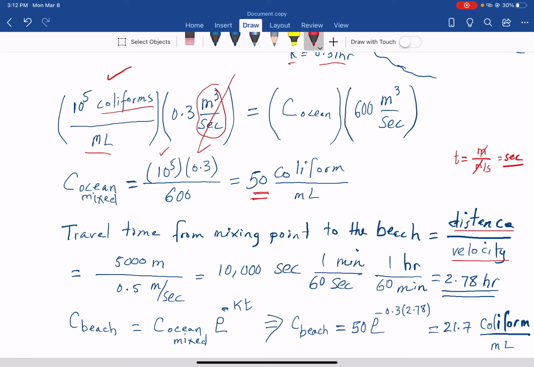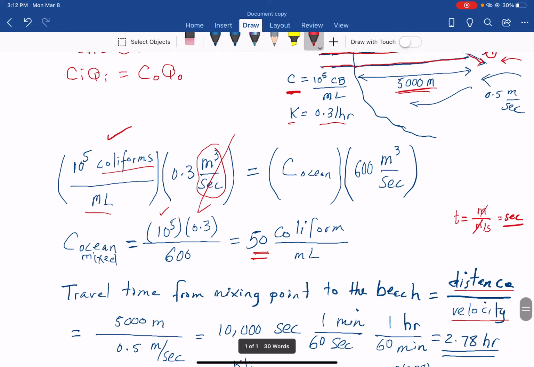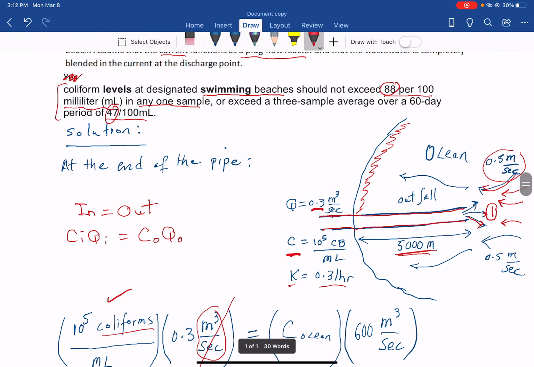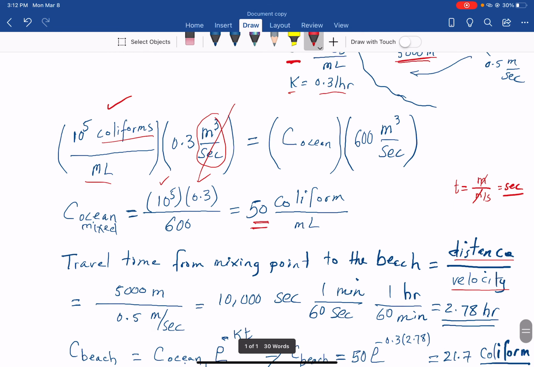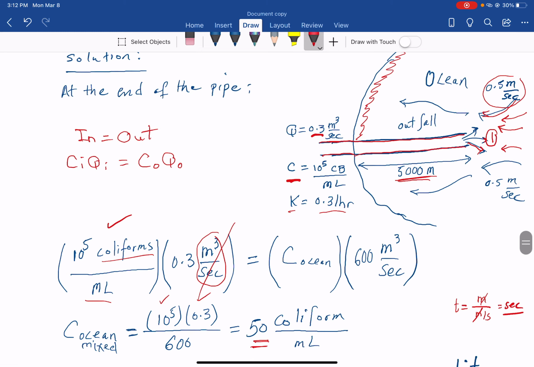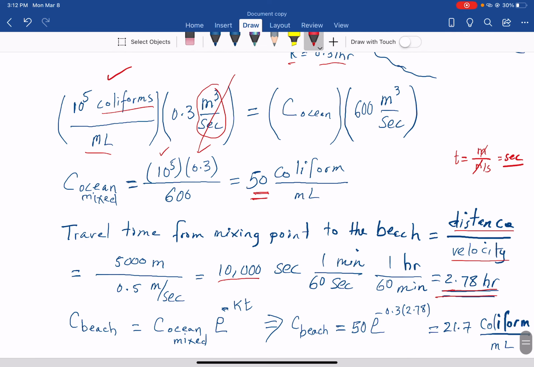We know the distance, it's 5,000 meters, and you divide by the given velocity of the current, 0.5 meter per second. That gives you 10,000 seconds. You can convert seconds to minutes and minutes to hours, and you end up with 2.78 hours. So it will take the mixed seawater with wastewater 2.78 hours to reach the beach.